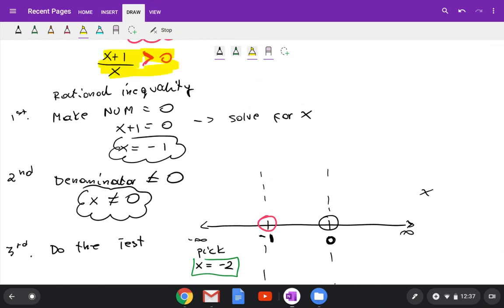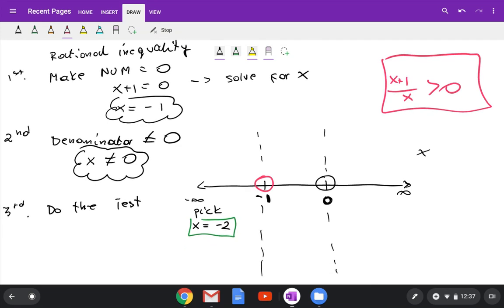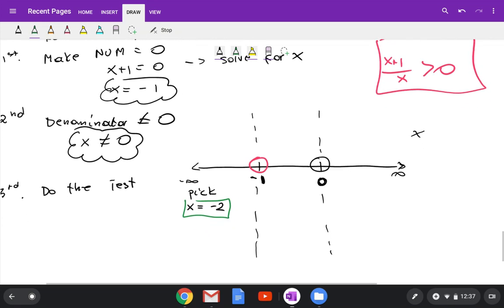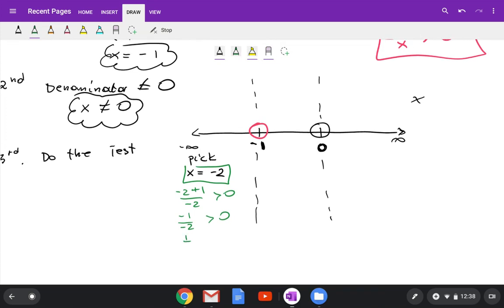So when x is equal to -2, we have -2 plus 1 over -2, and we're checking if this is positive. We end up with -1 over -2, and that's definitely positive. So 1/2 is definitely greater than 0. Since this is true, the interval from -infinity to -1 is the domain.